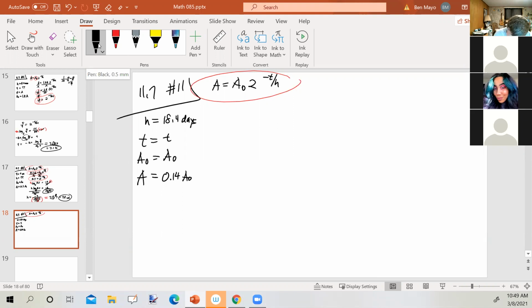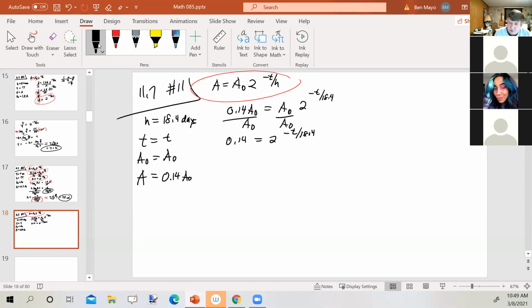So now my equation becomes 0.14 A sub 0 equals A sub 0 times 2 to the -t over 18.4 days. I'm going to divide both sides by A sub 0. 0.14 equals 2 to the -t over 18.4 days. I'm going to change it to a logarithmic equation.